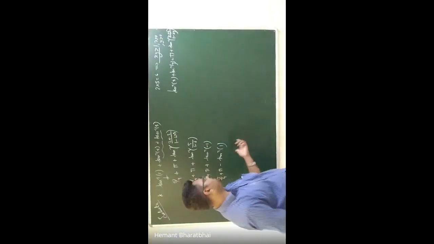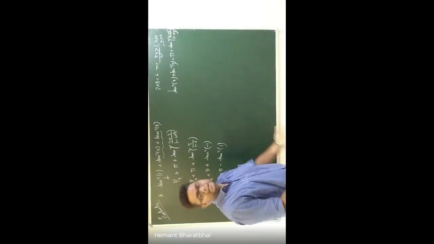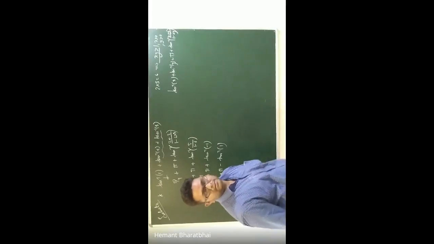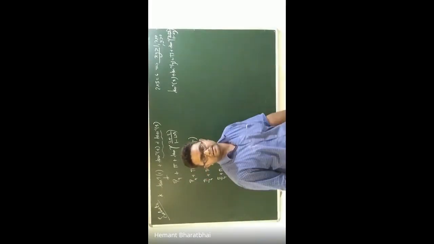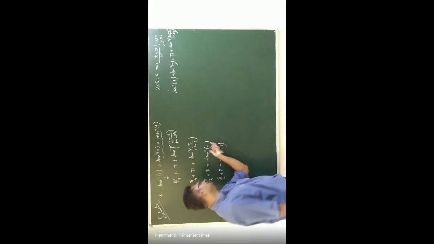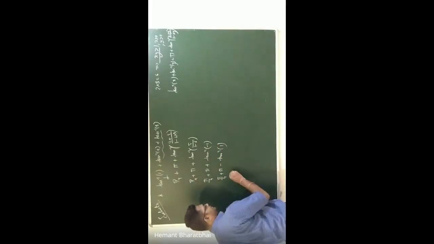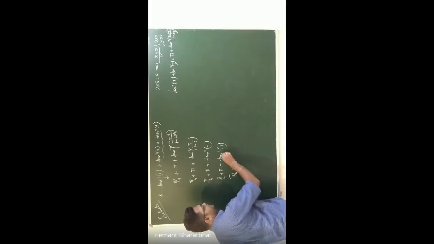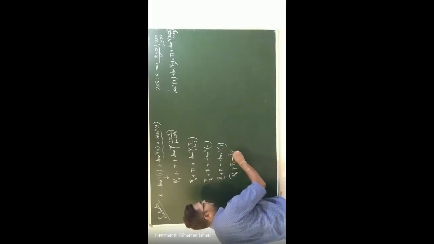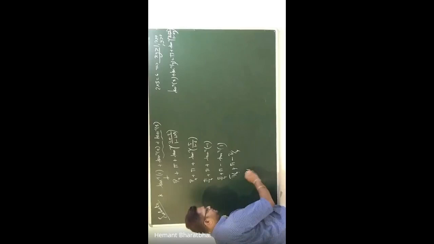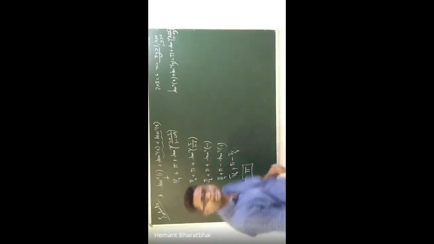Therefore, sine inverse of minus x is minus sine inverse of x, and tan inverse of minus x is minus tan inverse of x. So I will get pi by 4 plus pi. Tan inverse of 1 is pi by 4. So plus pi by 4 minus pi by 4 gets cancelled and we get the answer as pi.